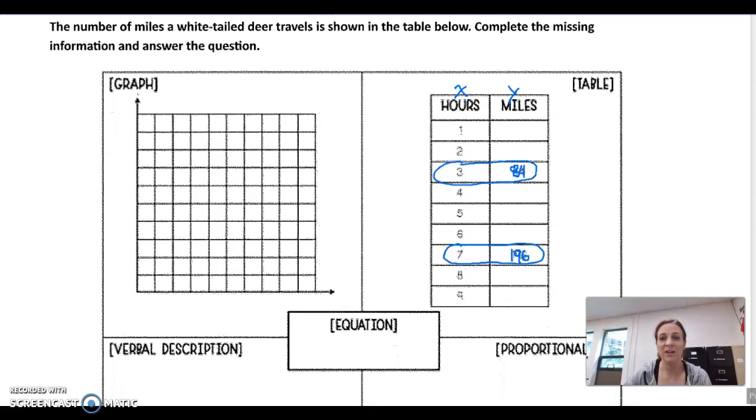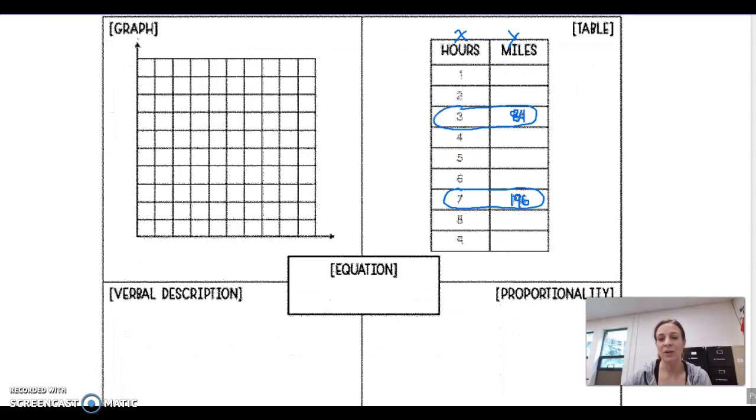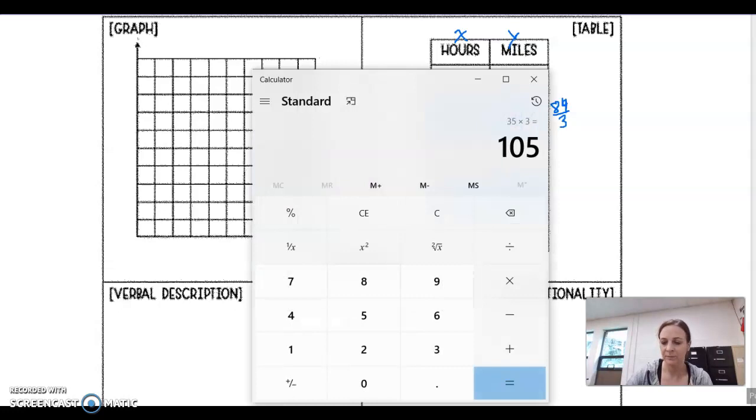So if we want to figure out their constant, we're going to divide. So I'm going to go 84, that's a 4, not a 9, divided by 3. Get 28.